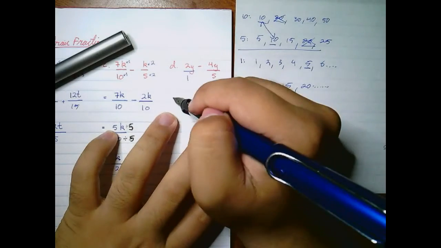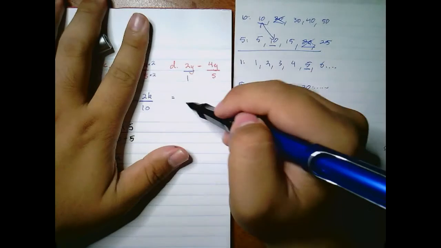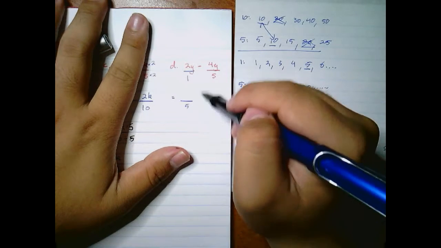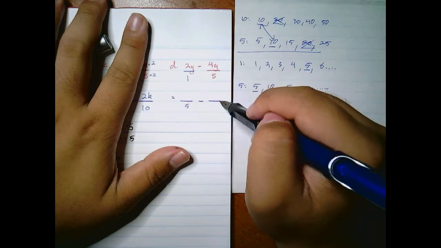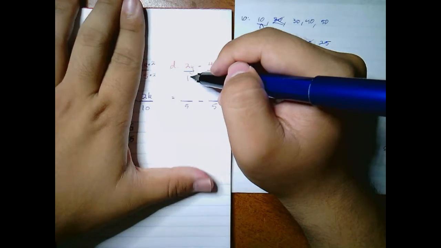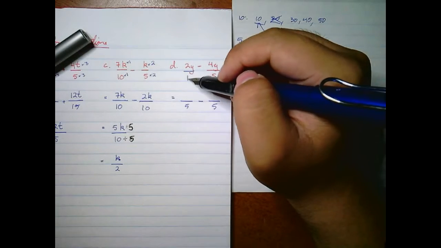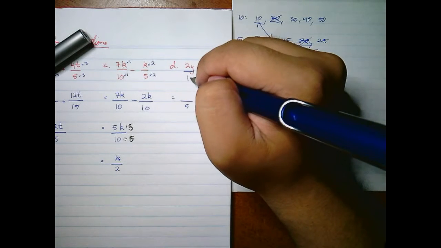So this fraction is going to become something over 5 minus something over 5. For 1 to become 5, we need to multiply by 5.